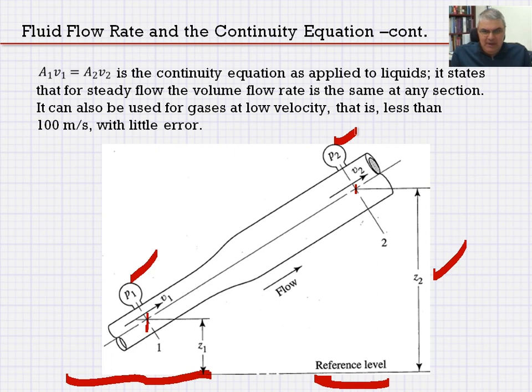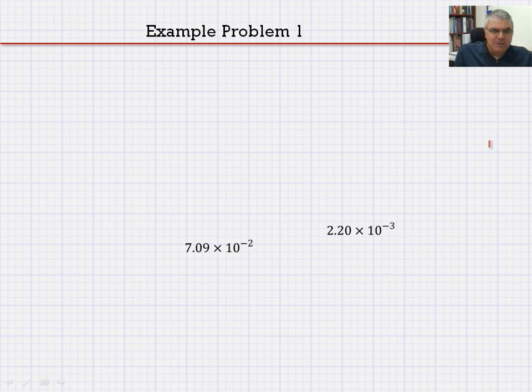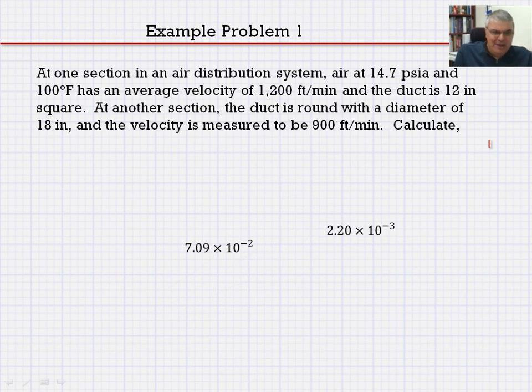If you have high velocities, this doesn't apply. What do we mean by low velocity? Velocity 100 meters per second or less, then we're not going to have much error. Higher than that, we're going to have errors. It's not as accurate anymore. It's just an approximation. Let's go over an example.